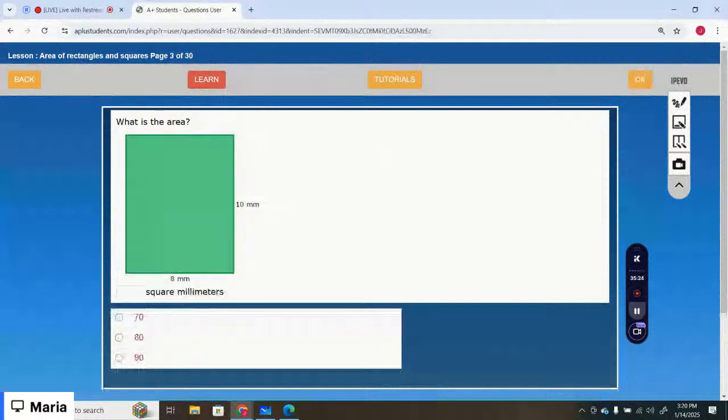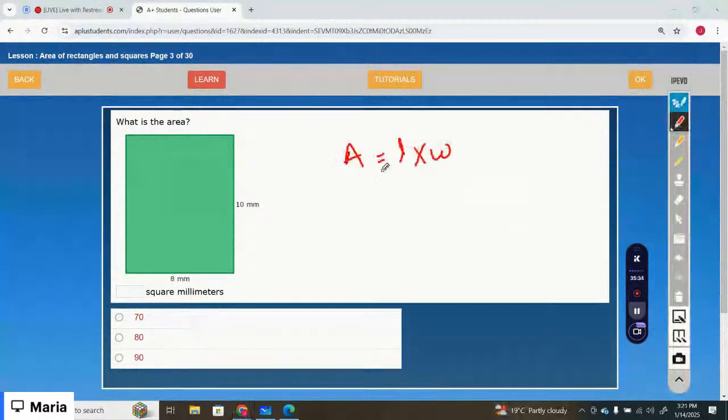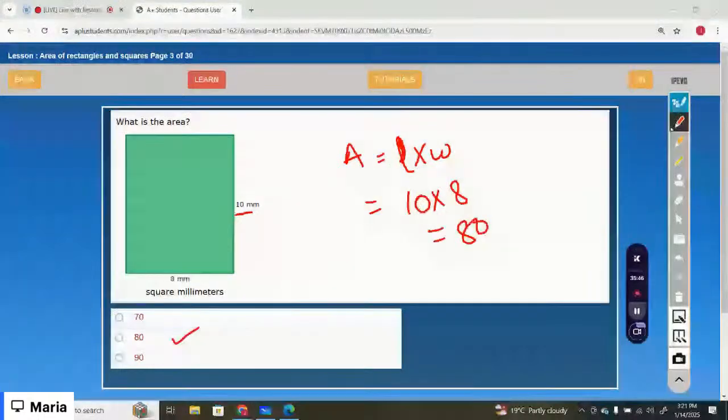You have to use the formula, right? Like the one I am on right now, that is a rectangle. The area of a rectangle is length times width. Simply keep these formulas in your mind. Length is 10, width is 8, 10 times 8 is 80. So the area is 80 square millimeters.